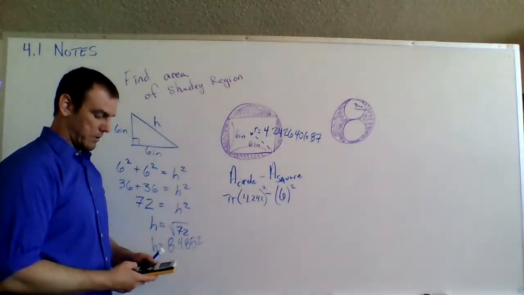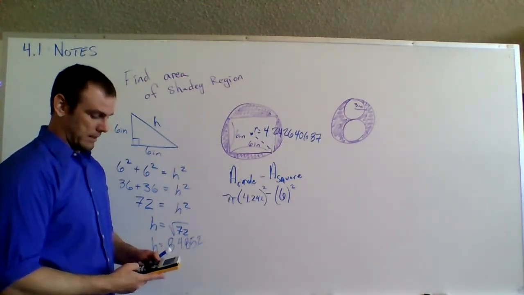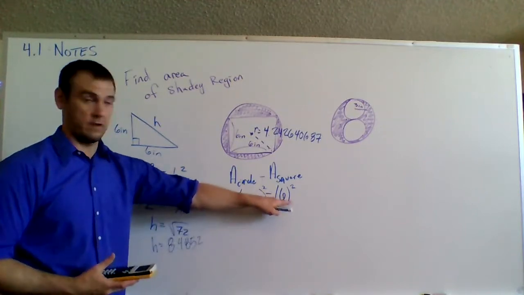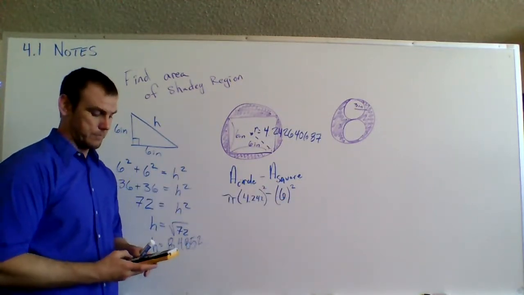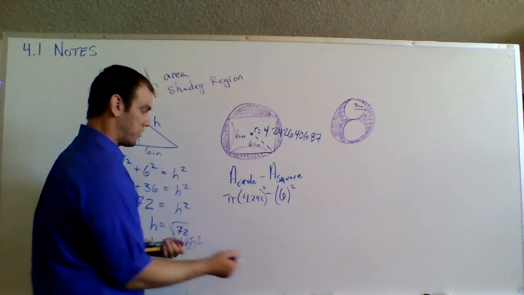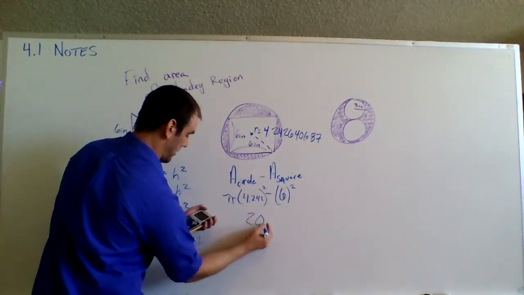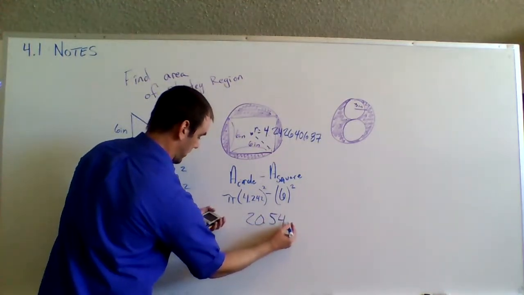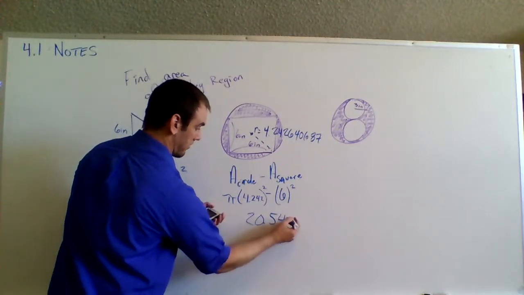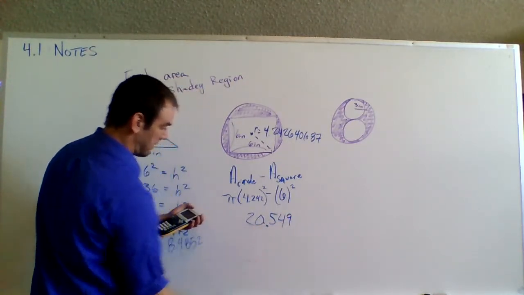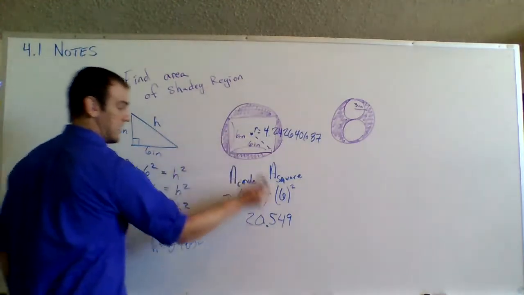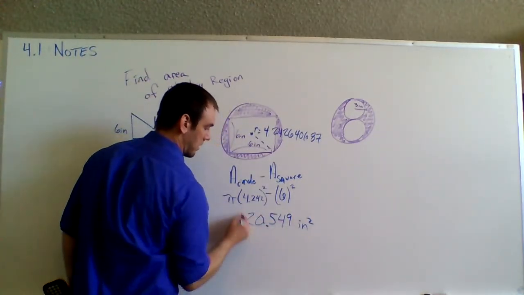Okay, then multiply it by pi, and then we're going to subtract 36 because 6 squared. Okay, so you should get an answer of 20.5486, which is going to round to 20.549. My units here are going to be inches squared.